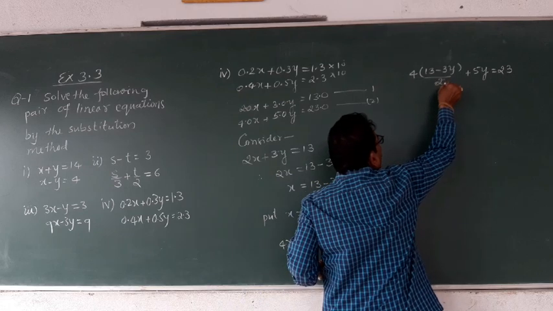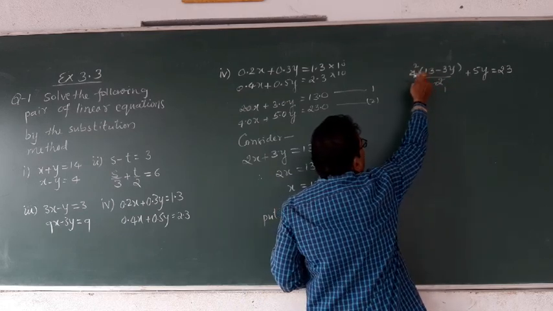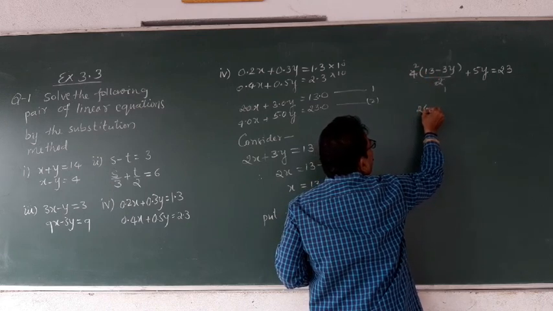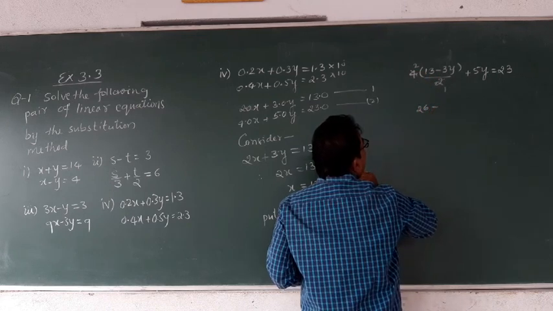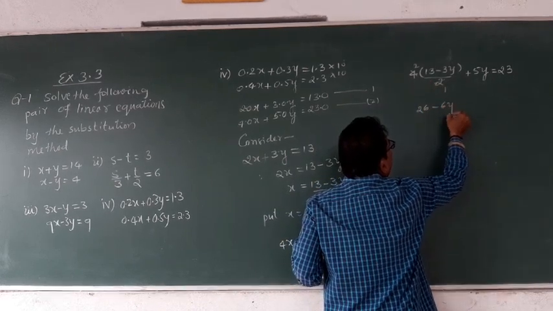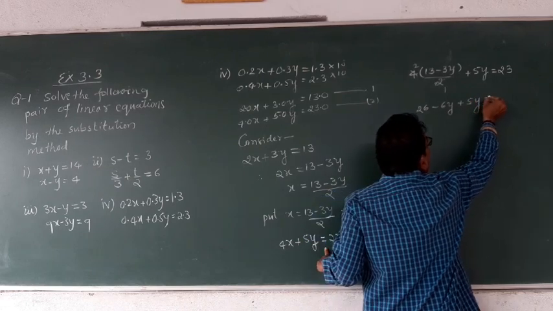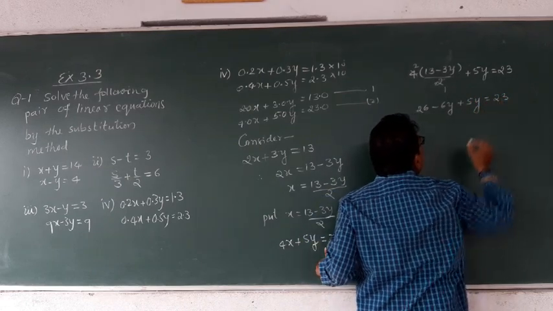2 1s are 2, 2 2s are 4. So 13 2s are 26 minus 3 2s are 6y plus 5y equals 23.